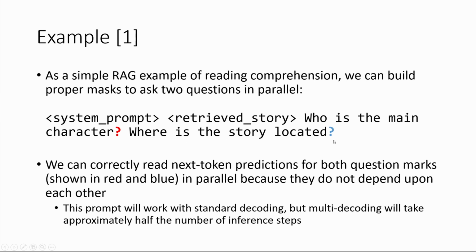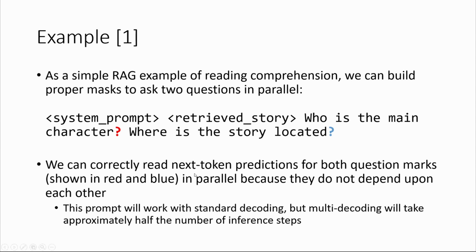Where is the story located? If I just pass this prompt into Llama today, this will work perfectly fine. It'll say something like, John is the main character of this story, and then it'll continue generation and say this story is located in Paris.